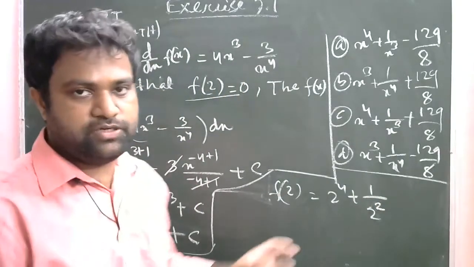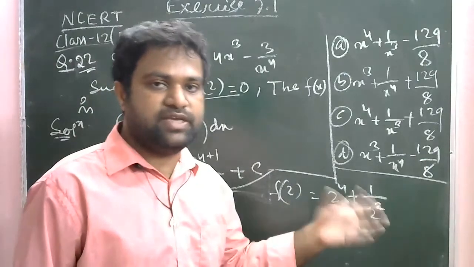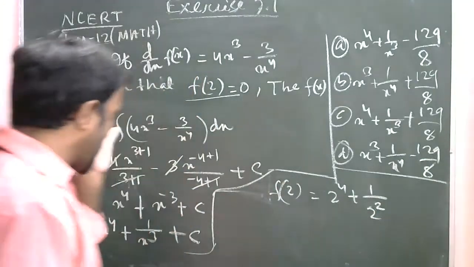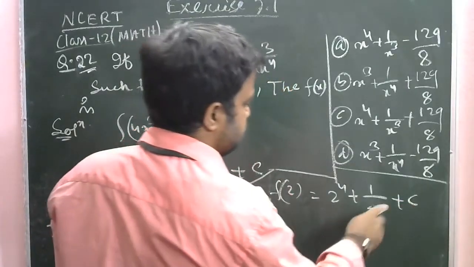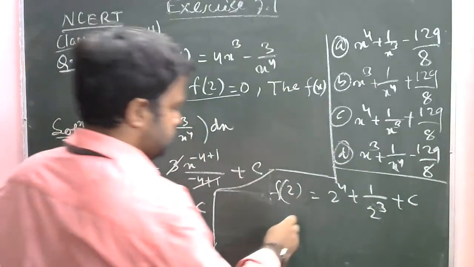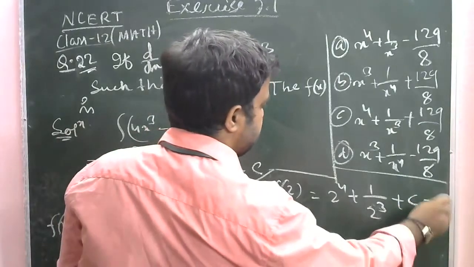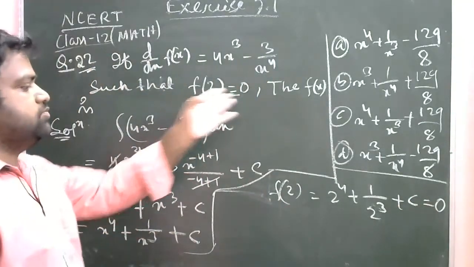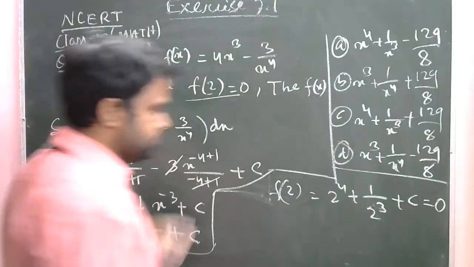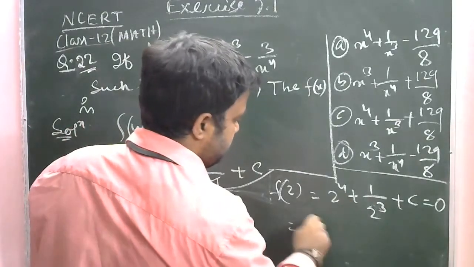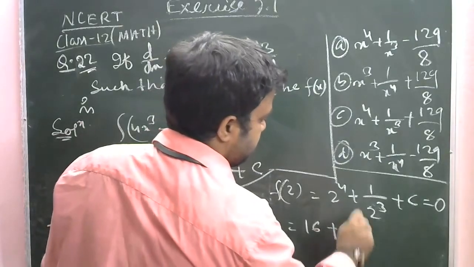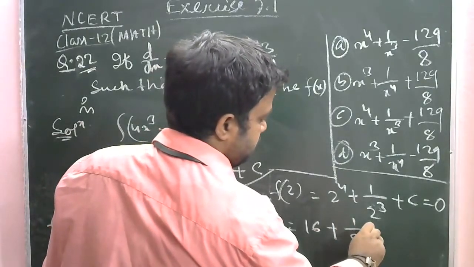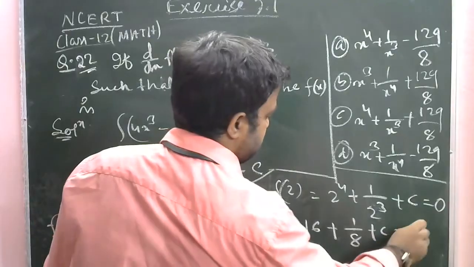F of 2 means, as I told you, just replace x and write 2, plus C. And this is equal to 0, given. The condition is f of 2 must be 0. So 2 to the power 4 means 16, plus 1 upon 8, plus C is equal to 0.